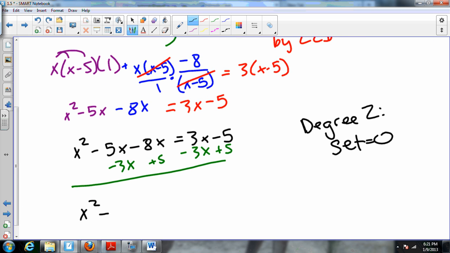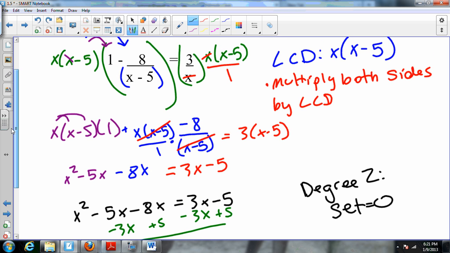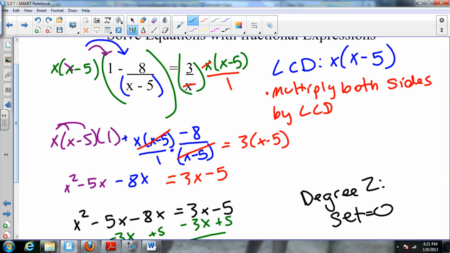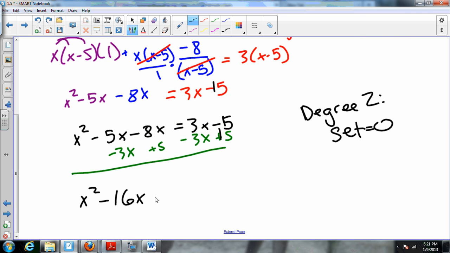X squared minus, we got negative 5 minus 8 minus 3, so that goes to negative 16x plus 5. Oh, we did not distribute the 3 to the 5, so that should be a 15. There we go, that works. Equals 0.